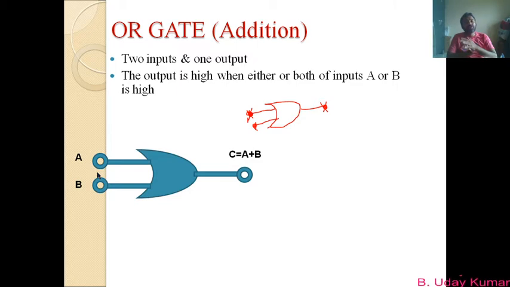The main concentration of today's video is what the basic gates are, what their circuit symbols are, and what their truth tables are. The working of these gates can be understood with diodes or transistors, which we do in another video. So in today's video we are only concentrating on the circuit symbol, logical equation, logical function, and truth tables of basic gates.